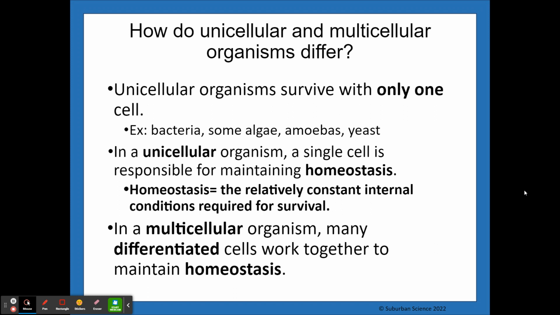Unicellular organisms survive with only one type of cell, and that single cell is responsible for maintaining homeostasis, a constant environment compared to its surroundings. Whereas in a multicellular organism, we have a variety of differentiated cells that work together to maintain that homeostasis. Differentiated refers to different types of cells.